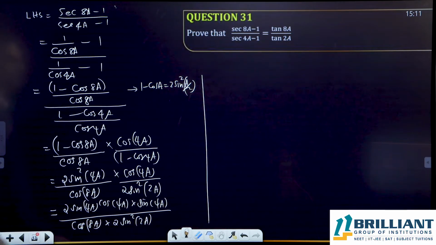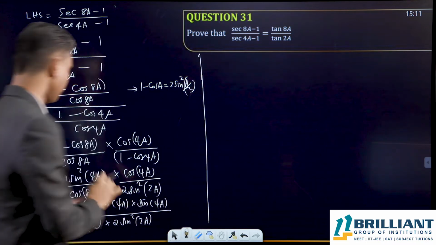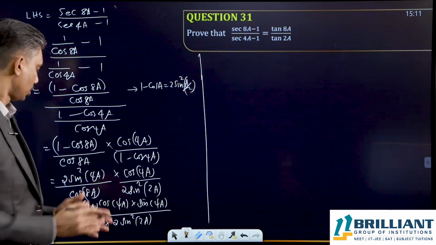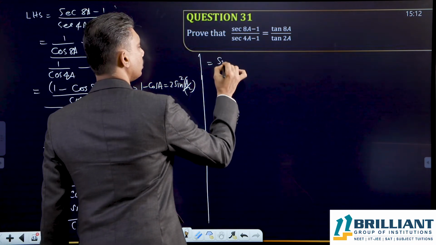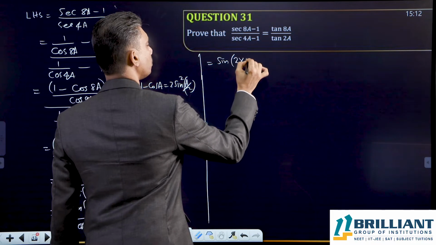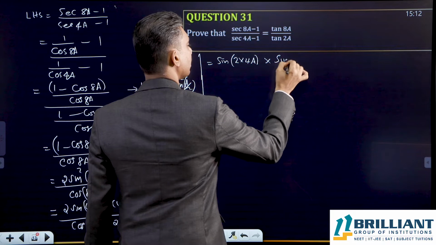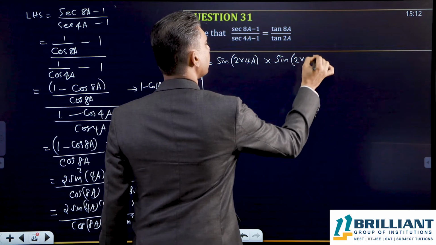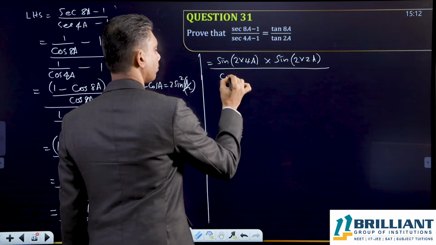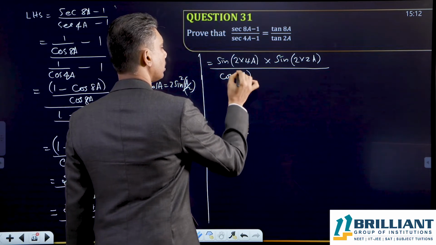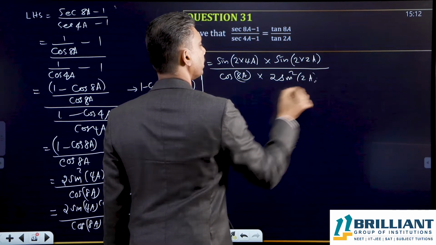Now, again 2 sin a cos a, we have an identity. What is 2 sin a cos a? 2 sin a cos a is sin 2a. So, 2 sin 4a into cos 4a is equal to sin 2 into 4a, into sin 4a, this you can write 2 into 2a, by cos 8a into 2 sin square 2a.